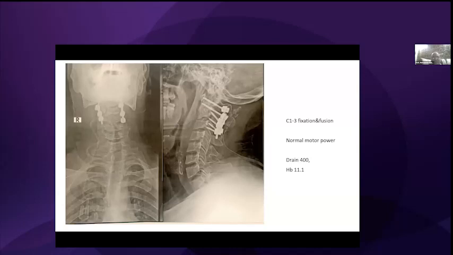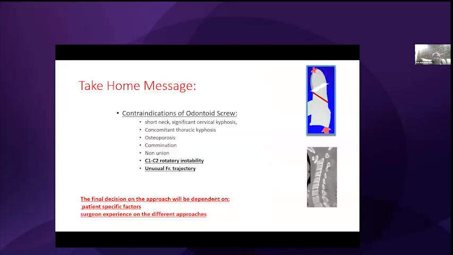And we can see here that we were able to directly reduce and stabilize the fracture, and we applied bone for fusion. So C1 to C3 fixation and fusion, and the patient postoperatively has normal motor power, and it was an uneventful surgical procedure. Next.